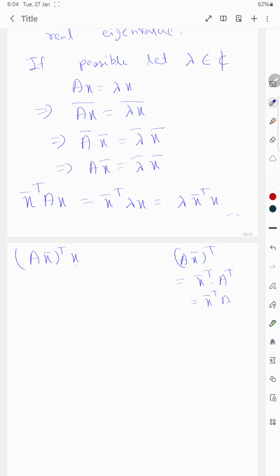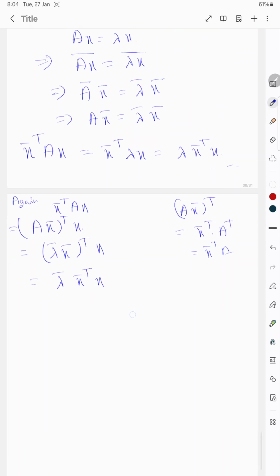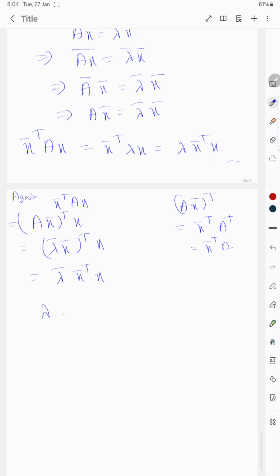So again, x bar transpose A into x, you can write as lambda bar into x bar transpose into x. So you see both are the same, right? So you have lambda into x bar transpose x equal to lambda bar into x bar transpose x.